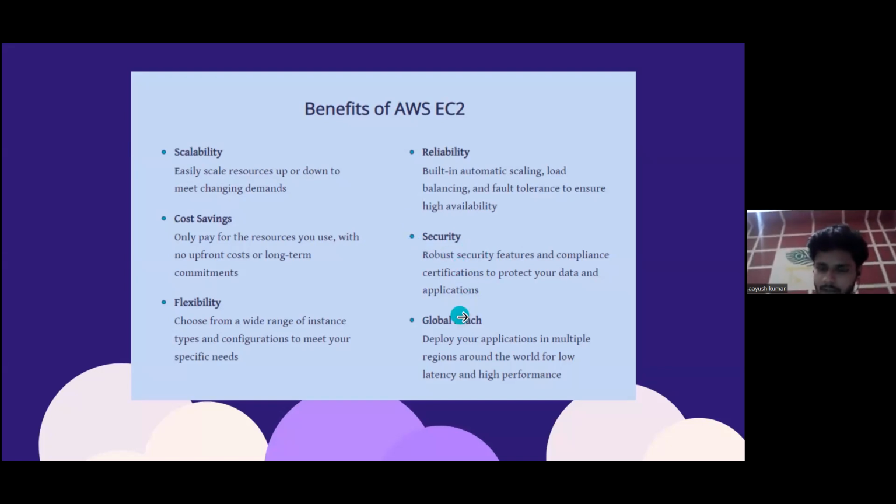Now one of the very famous features of EC2 is global reach. As we have seen in the reliability feature, it provides multiple availability zone deployment. So if our website is deployed in multiple availability zones, we can reach globally in just one click.